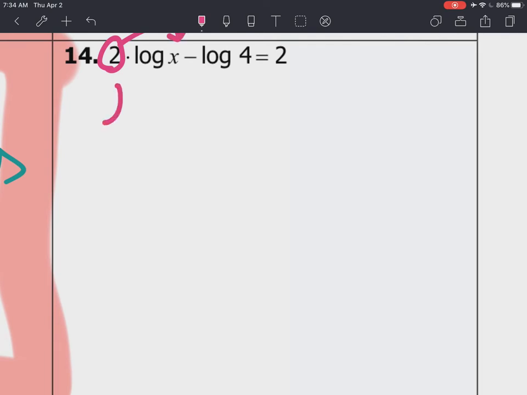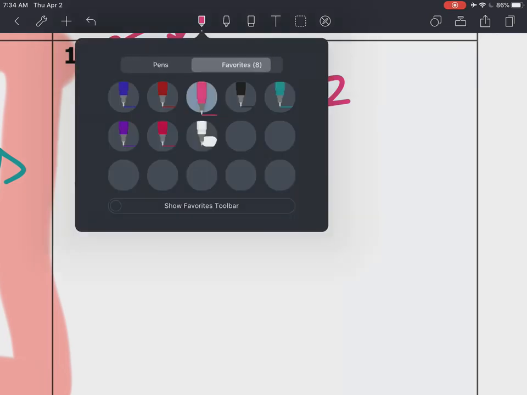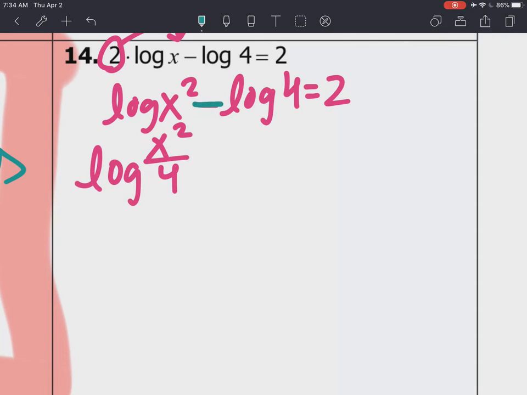All right, so for number 14, you're going to take this 2 and put it as your exponent. Remember, that was one of your log properties. And then we're going to take that minus and turn it to division. Just so you can see what I'm talking about, this minus, by the properties of exponents, means that it will be a quotient equals 2.